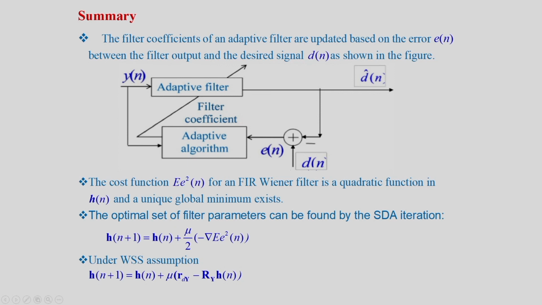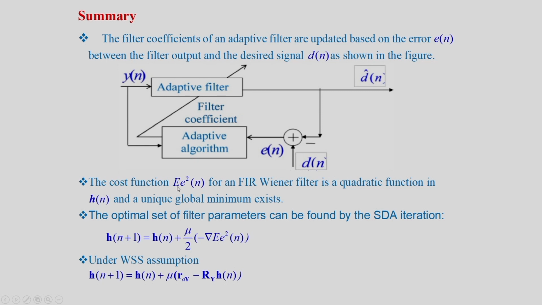The input to this adaptive algorithm is the difference between the desired signal dn and the adaptive filter output d hat n. This error is the input to the adaptive filter algorithm, and accordingly the filter coefficients will be updated and fed to this adaptive filter.